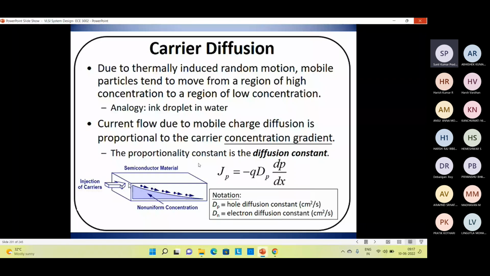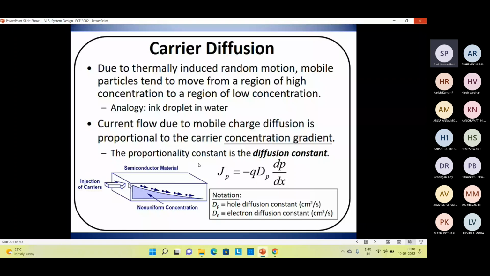So in carrier diffusion, there is a concentration gradient. If there is more concentration of electrons in one region and lower concentration in another region, then electrons have the ability to move from higher concentration to lower concentration.